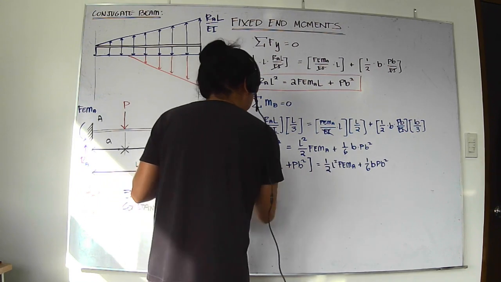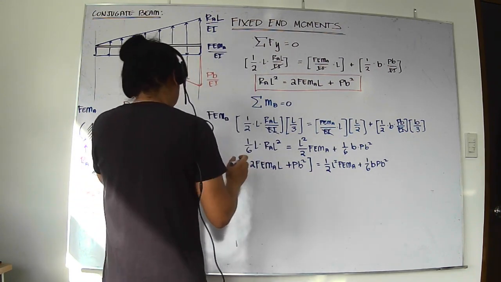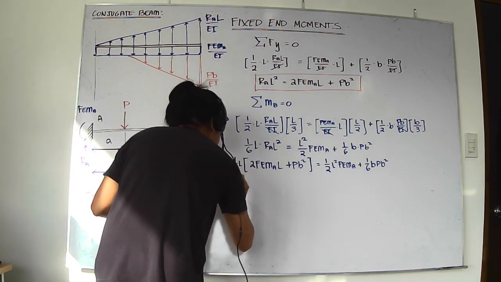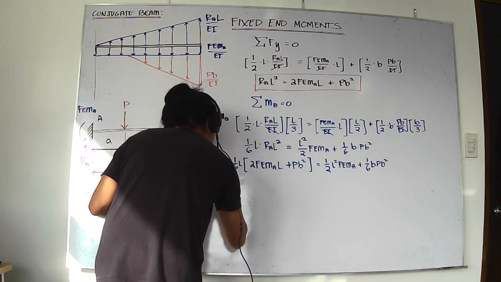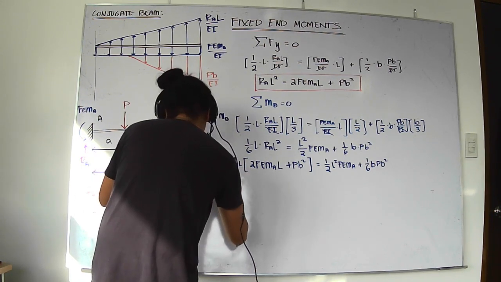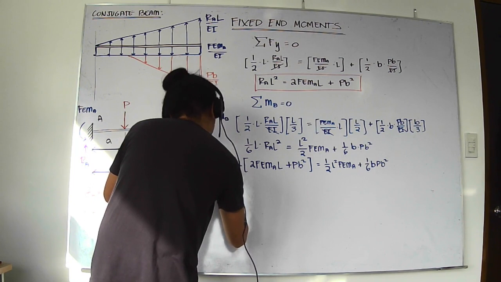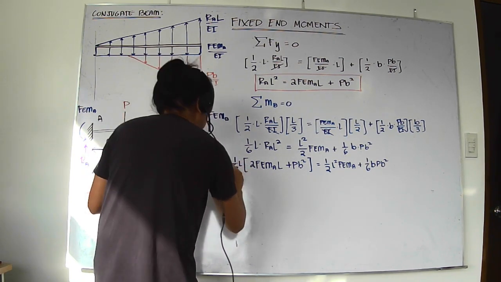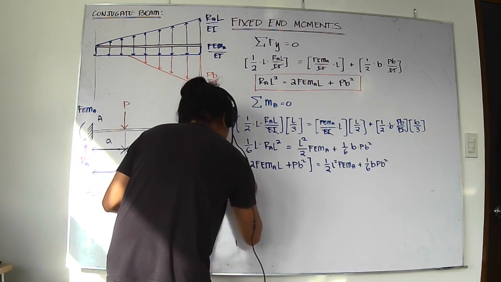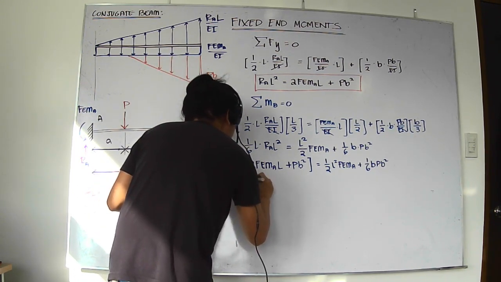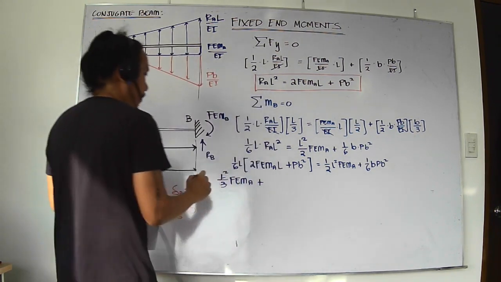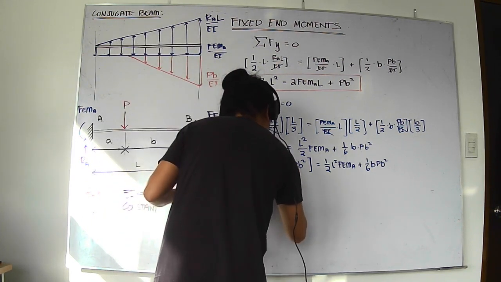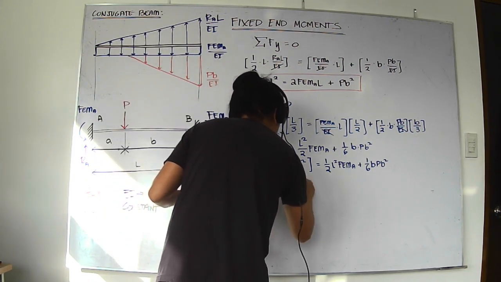I distribute this and try to simplify the expression. So 1/6 times, if this is 1/3, 1/3 or L times L squared FEMA, plus 1/6 PB squared L. Okay?